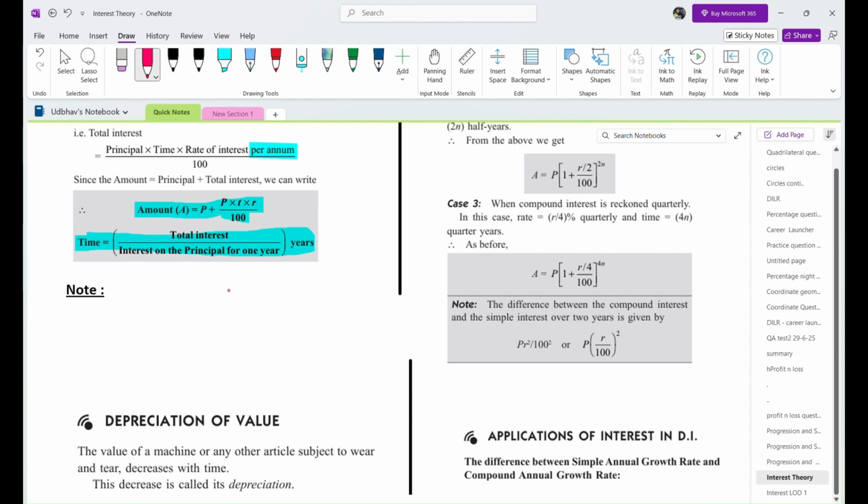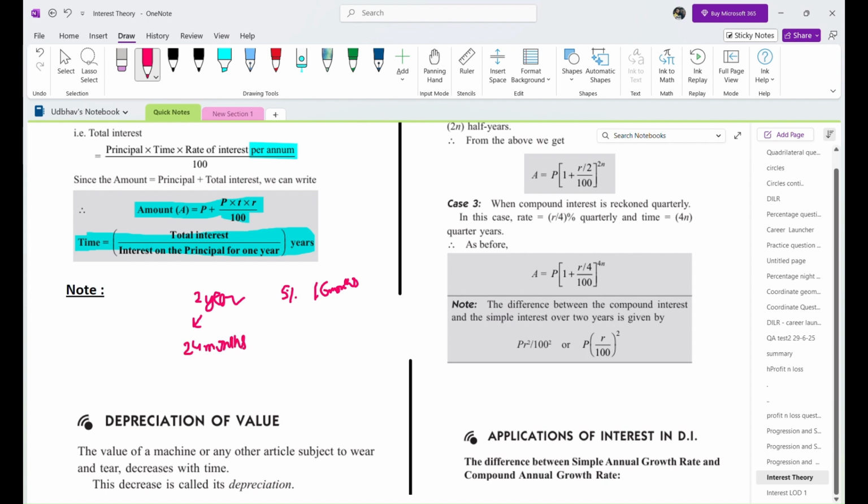So if we are investing our money for, let's say, 2 years, and the rate of interest is 5% per 6 months, not per year, it's 5% per 6 months. So we'll not be taking time in the formula as 2, right? 2 years equals 24 months.